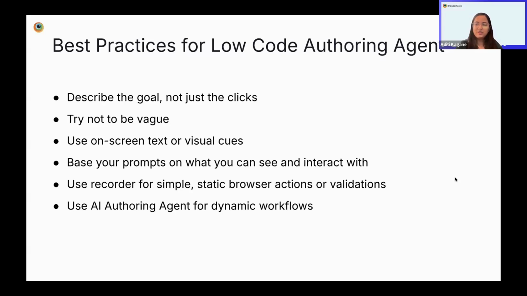Like when I gave the select date prompt, I did not say add a date in this element or select a button which is not red. I said select a date which is any available date in the future. So this describes what I want to achieve by executing this step.